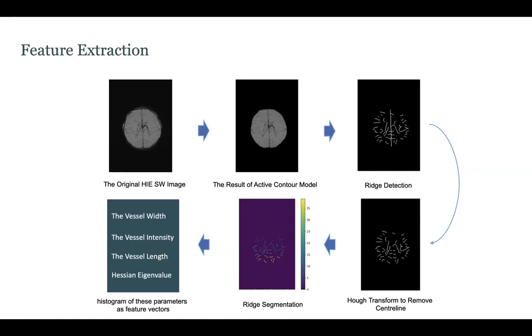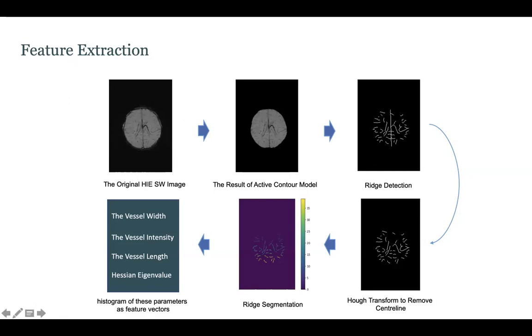First, we input the original SWI image, and then we use the active contour model to remove the background. Actually, we mainly remove the skull of the brain, you can see.